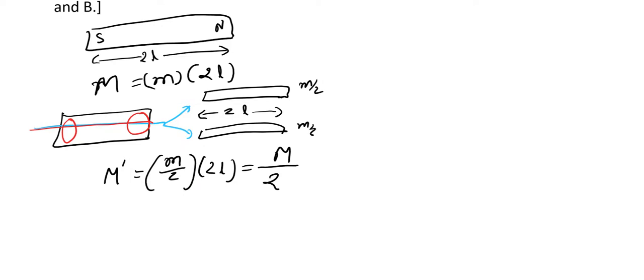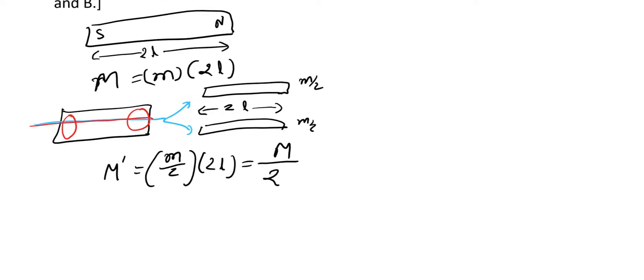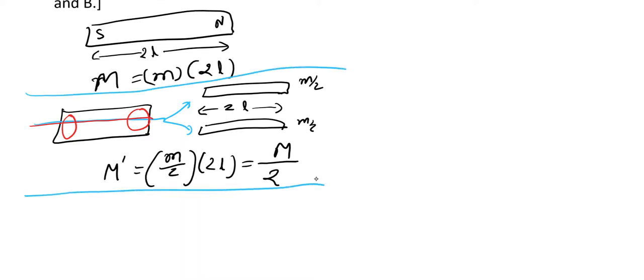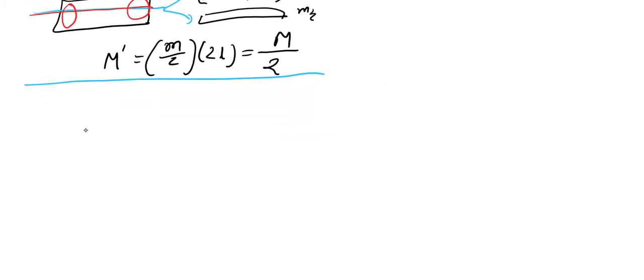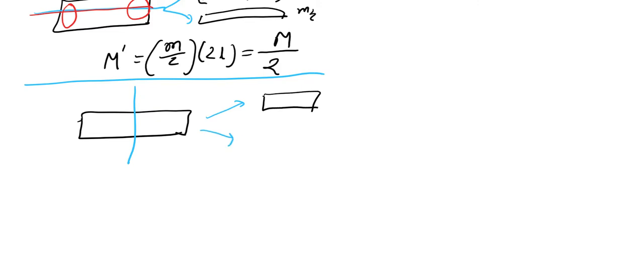So if you cut it like this along the length, you are making its dipole moment half. But what if I divide it in the other way? Which is the other possible way? If this is the bar magnet, you can cut it like this. And in that case, the two pieces will be of half length.